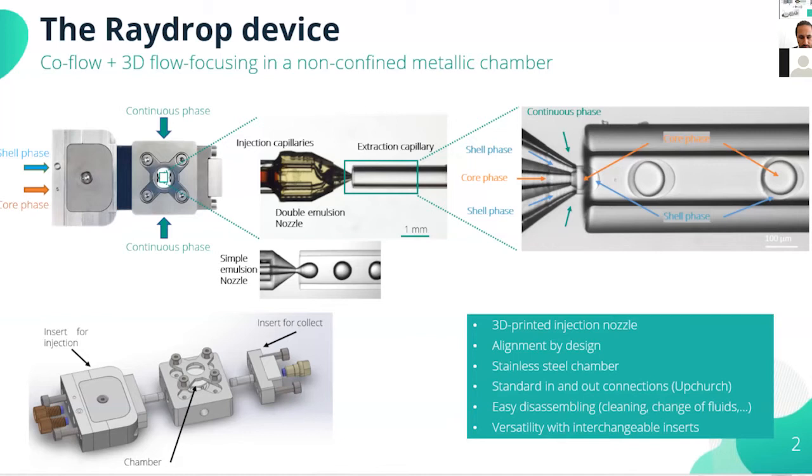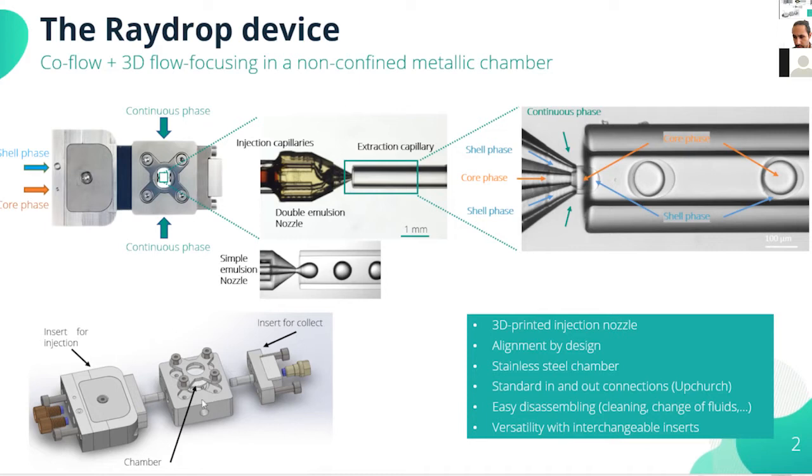It is composed of a main chamber that you can see here, with the injection insert on the left part, in this case this double nozzle, and on the right part a collecting insert to collect the emulsion that we produce.